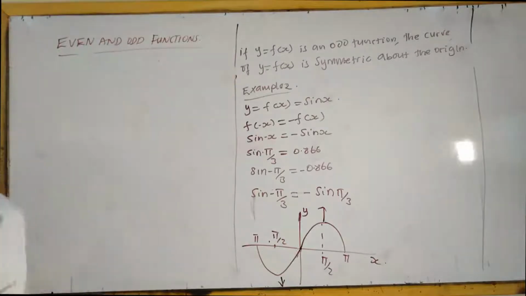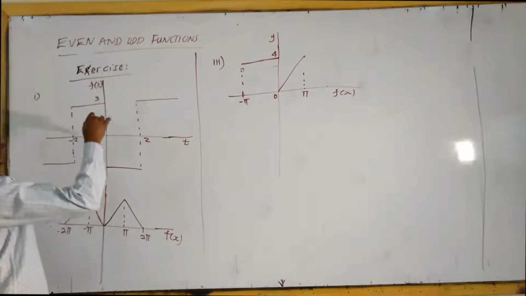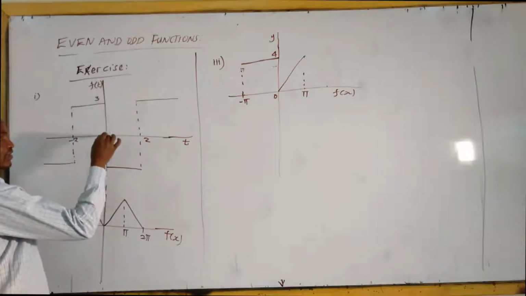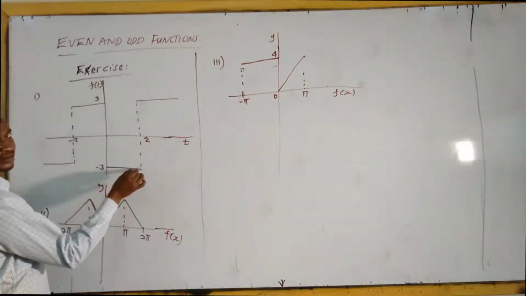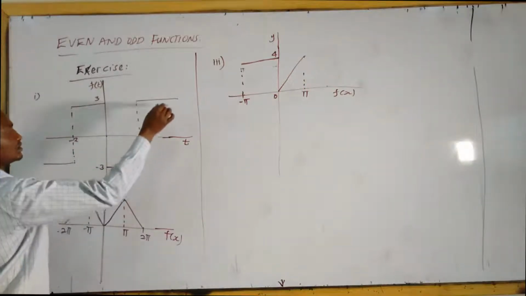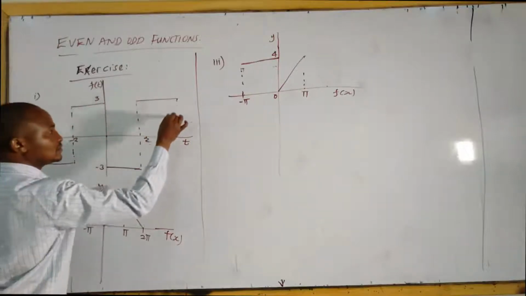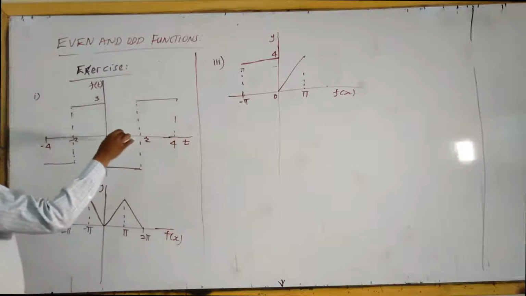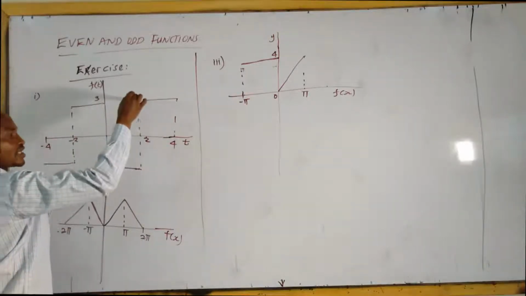Let us have an exercise here. Between 0 and 2, the function is -3. Between 2 and 4, the function is 3.